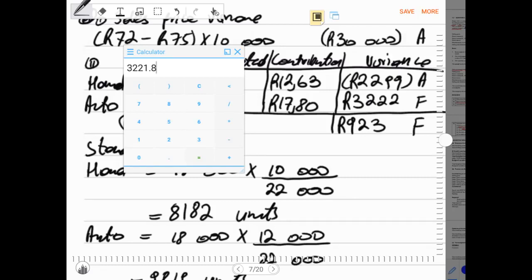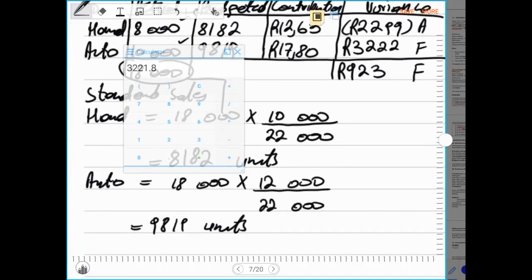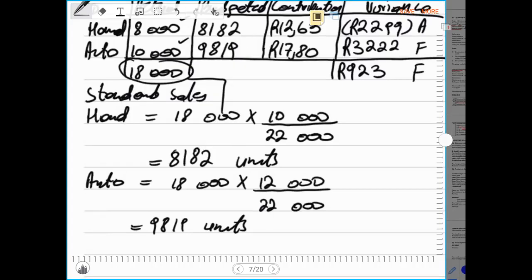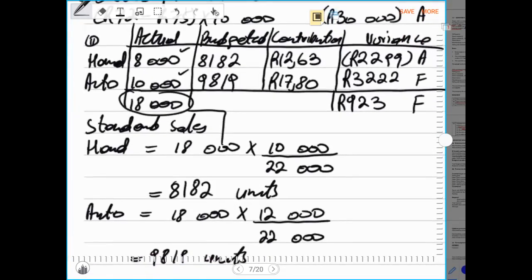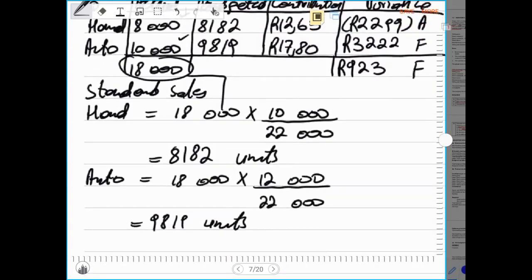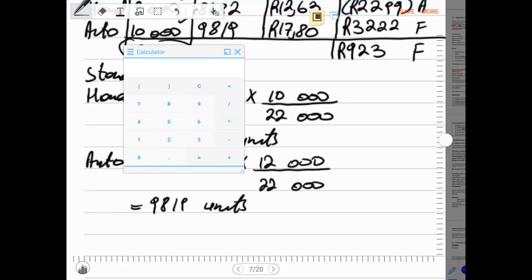Then after we say minus 2,299, which gives us 923. So that will be our variance, which is the total of that variance will be a favorable variance. Then now we proceed to the next part, and let me just confirm if I have done all the calculations correct.